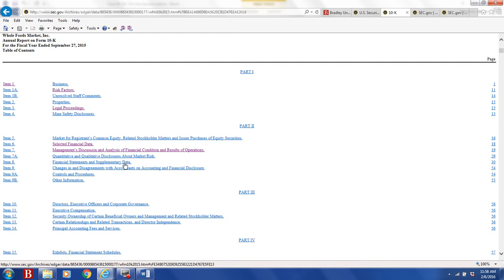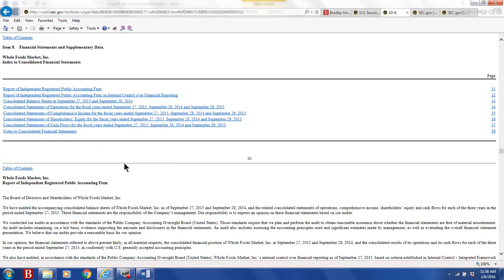It's the financial statements and supplemental data, and from this little table of contents here, we can see that we have the accounting firm's report, the accounting firm's report on internal control, the balance sheets of the company, the statement of operations, the statement of comprehensive income, statement of shareholders' equity, statement of cash flows. All those types of financial statements you've learned about.